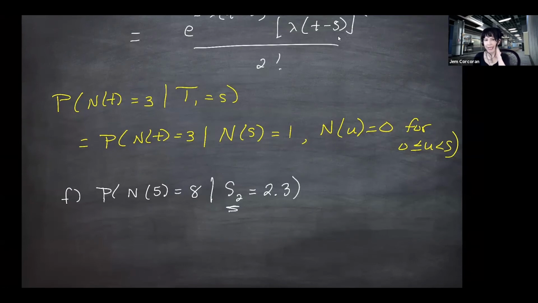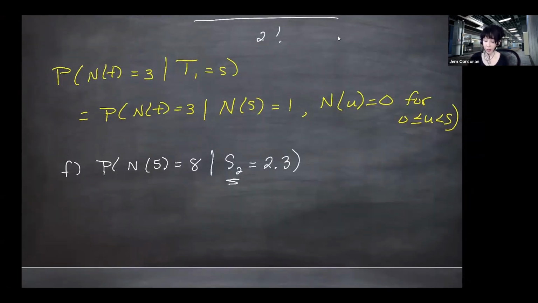So S2 is the time of the second arrival. T2 would be the amount of time that goes by to get the second arrival after the first arrival has come. But this is actually the time of the second arrival. So we've had an arrival, and the second arrival happens at time 2.3.